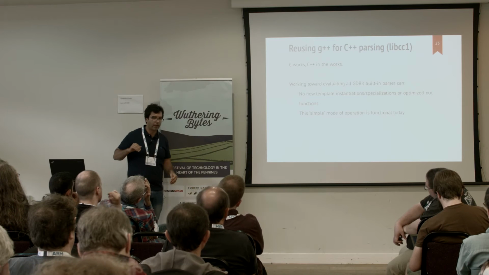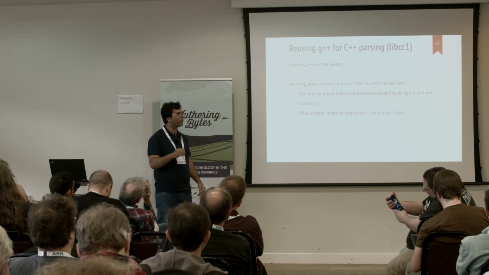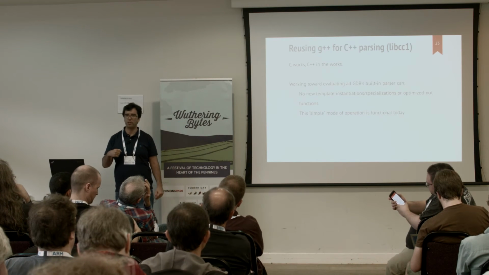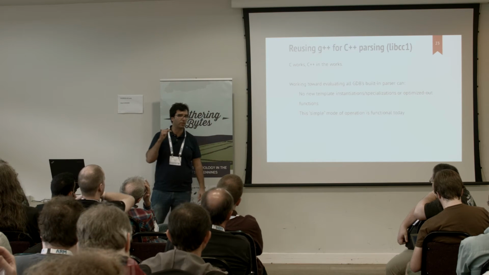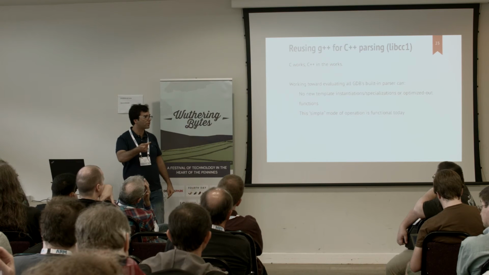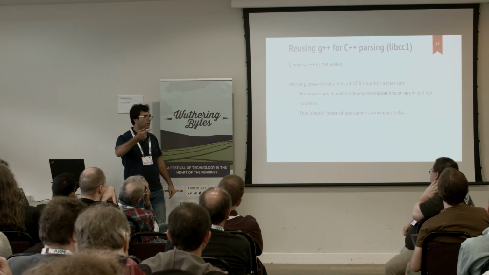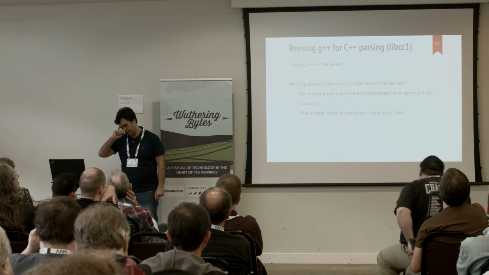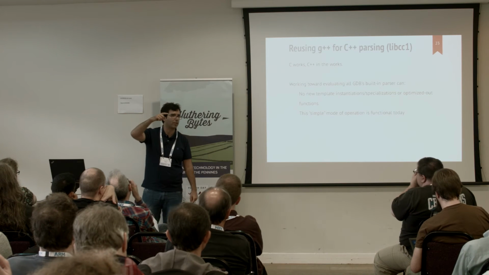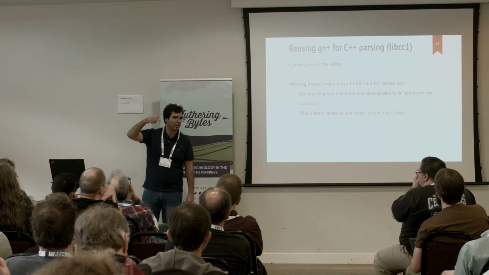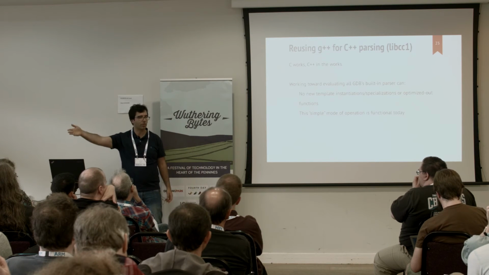So we're aiming at supporting everything that the current parsers do inside GDB, which means we're not tackling the problem of new template instantiations. Like, you have a template type argument T, and then there are instantiations for int and float.